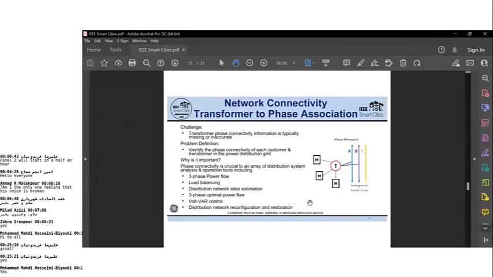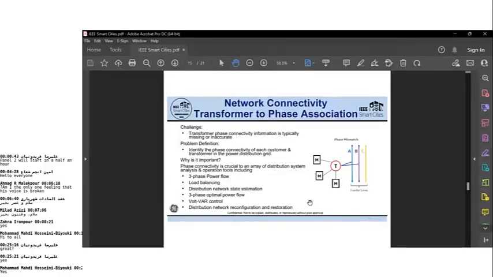A lot of these transformer to phase associations are typically missing or inaccurate. So the aim is to develop analytics to relabel the transformer to the correct phasing in the databases.